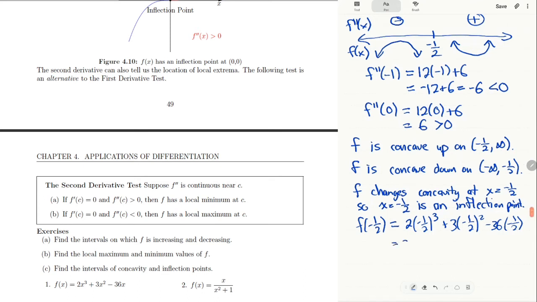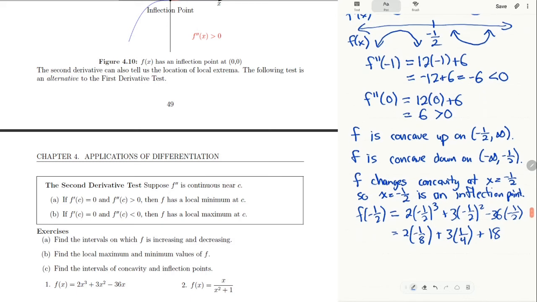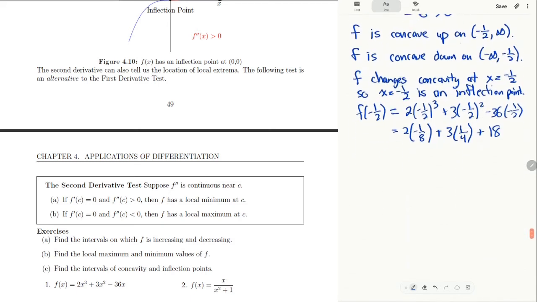So that is 2 times negative 1 over 8 plus 3 times 1 over 4 plus 18. So that is negative 1/4 plus 3/4 plus 18. So that is 2/4 plus 18, which is 1/2 plus 18.